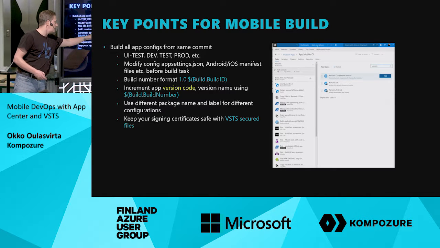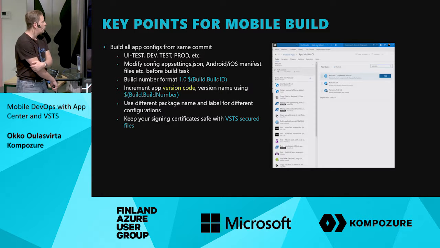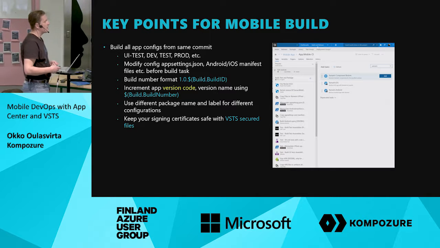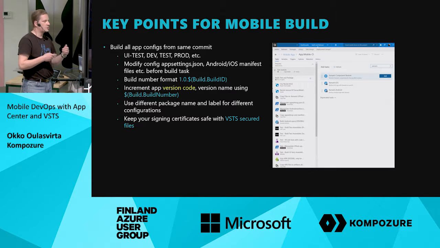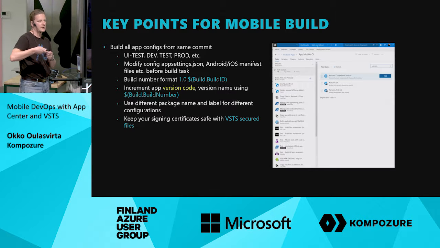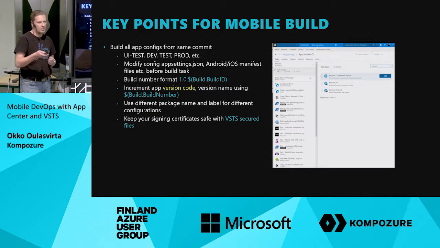A very important thing in mobile development is the version code. For example, Google Play doesn't accept any deployments if the version code hasn't been incremented since the last deployment. So you need to make sure that your build increments it in some way.